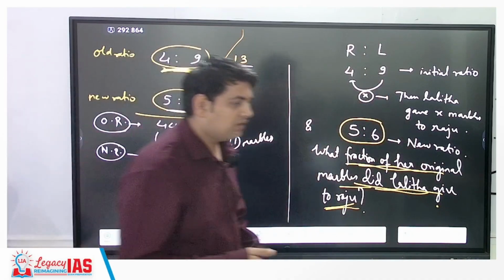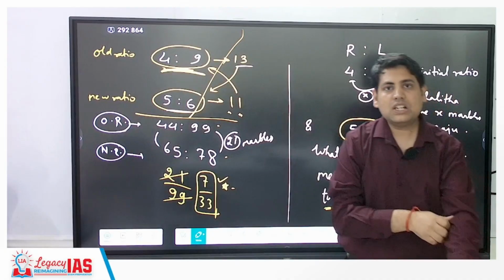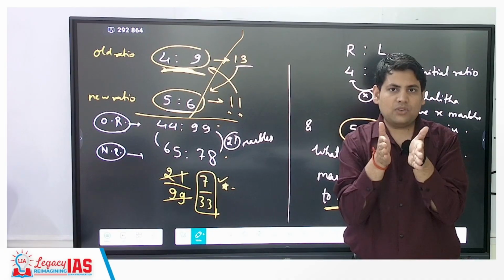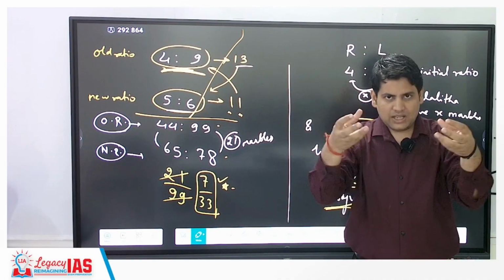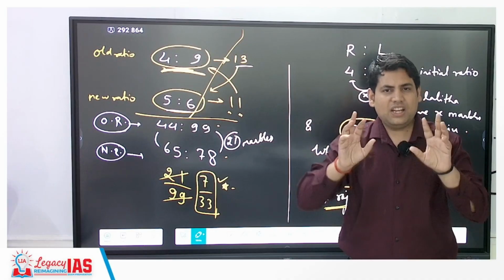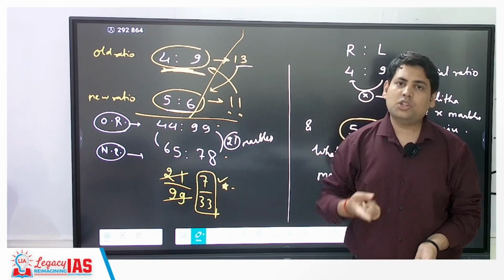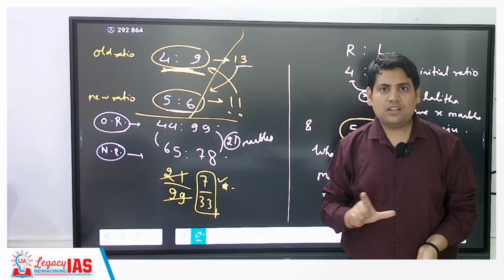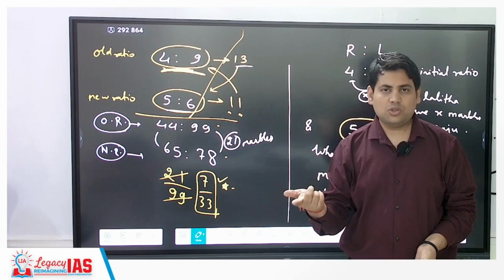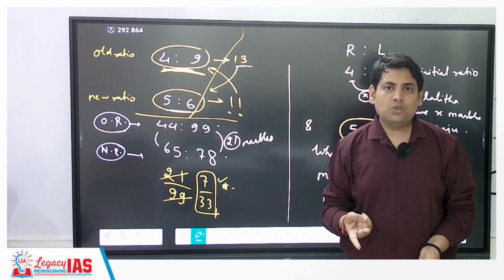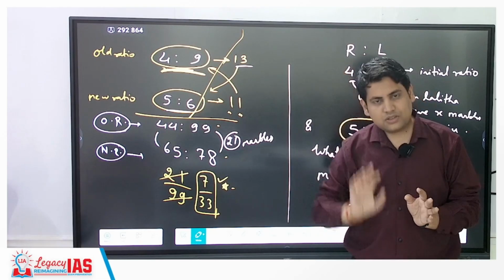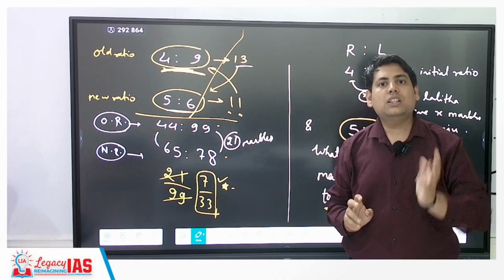In the first one, what do you equate? You equate the difference between them, because the difference will be the same. Even if you add 15 or any number to them, the difference between them will still be the same. In the second one, you make one part the same and see the change in the other part.